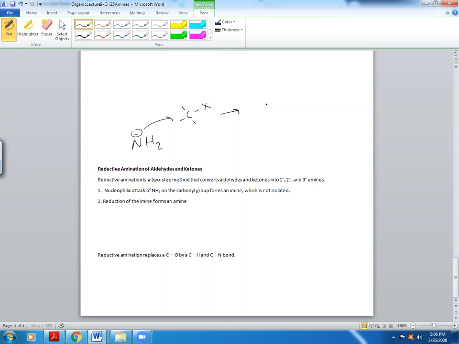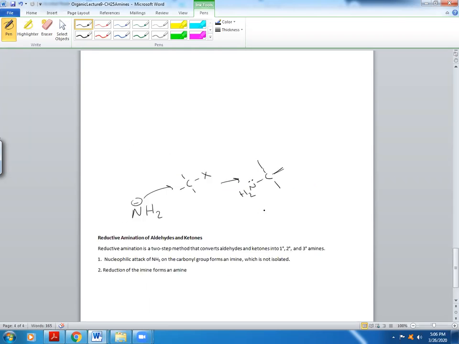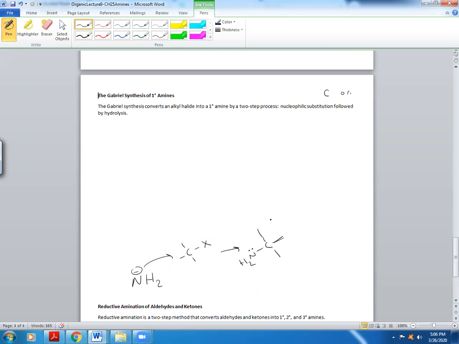So that's one way of making substituted amines, but we already talked about that. We want to talk about two very important ones. Oh, I jumped to the reductive amination. My apologies. So let me actually go to the Gabriel synthesis.